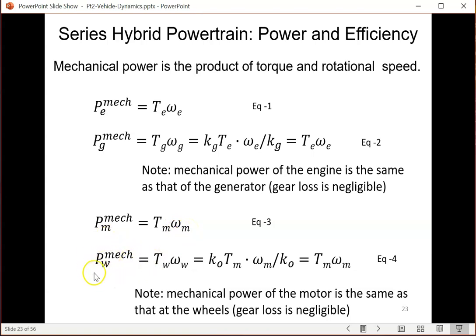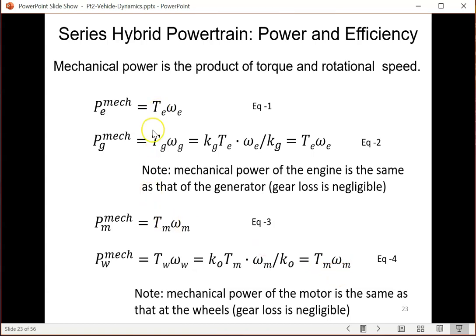For the wheels, the mechanical power equals TW times omega W, which is the same as Tm, the torque of the motor, times the rotational velocity of the motor, and the product of the two gives you the mechanical power of the motor.